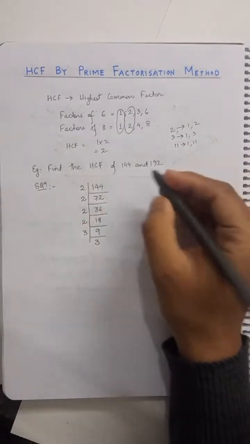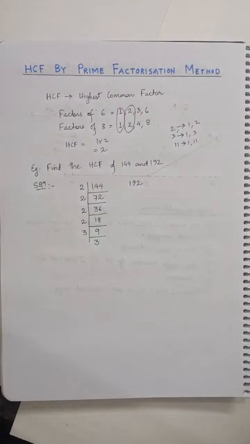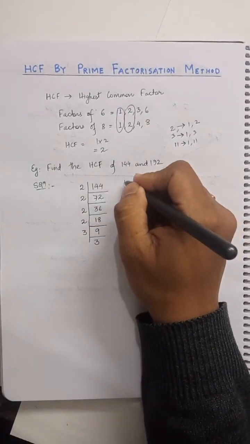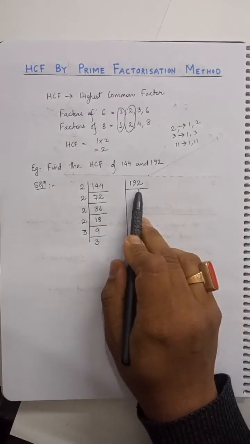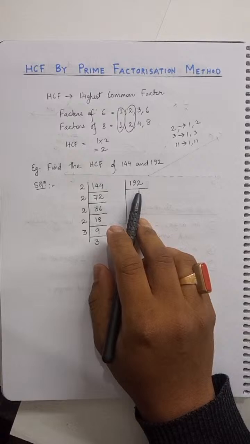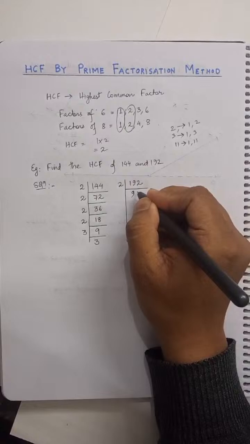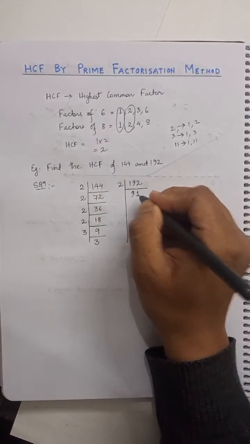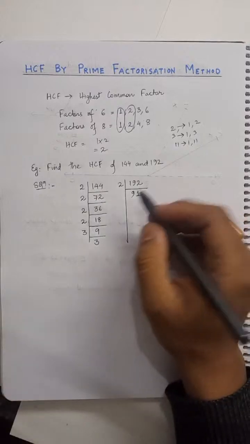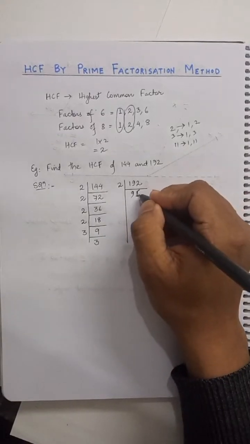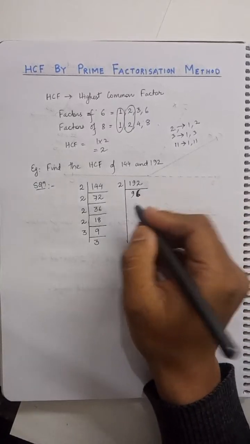Now the same will be done for 192. The number ends with 2, so this is divisible by 2. 2 into 9 is 18, and 2 into 1 is 2. Did I make a mistake? Yes, this is 96. Sorry, extremely sorry, this is 96.